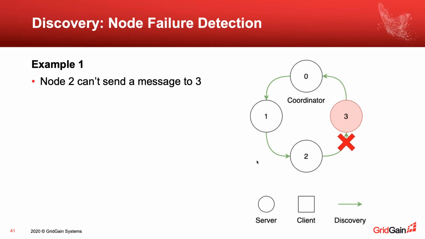So something between nodes 2 and 3 is broken. In this case, it's easy actually.